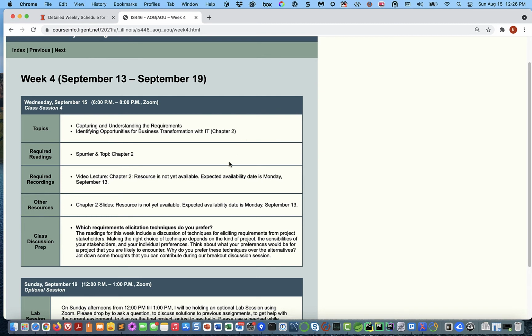So we meet 15 times. We're going to use about half of that, probably about the first seven, to learn broad systems analysis points of view and skills and all that kind of stuff.